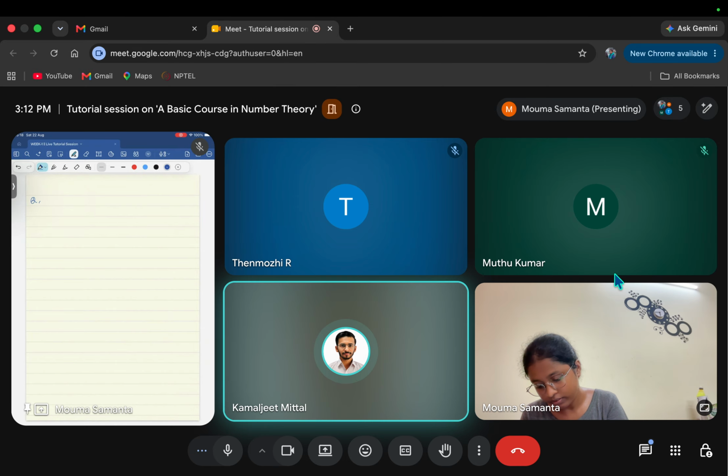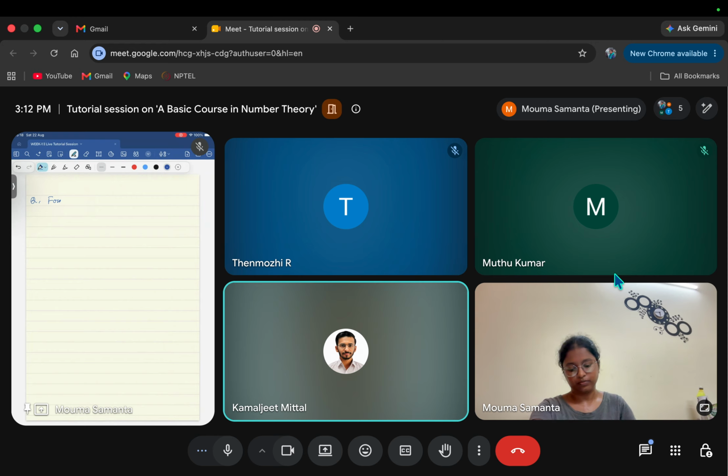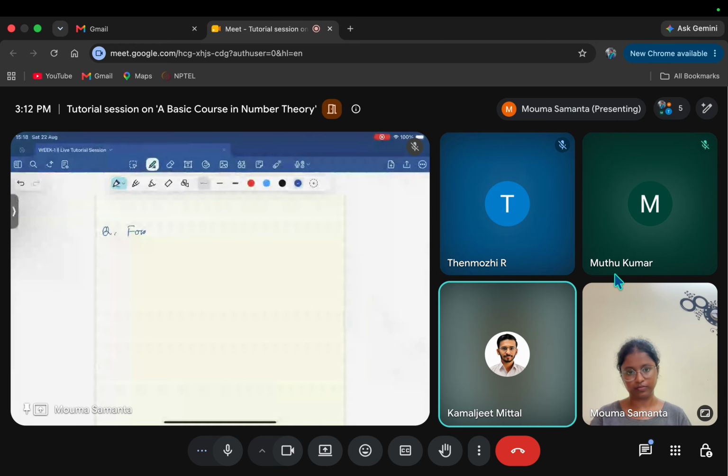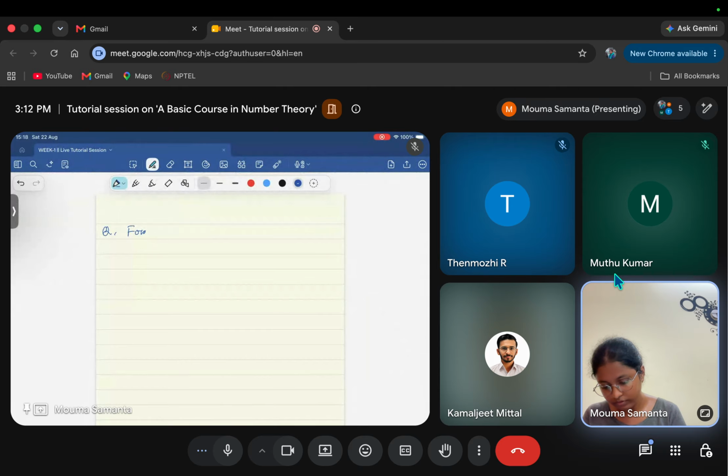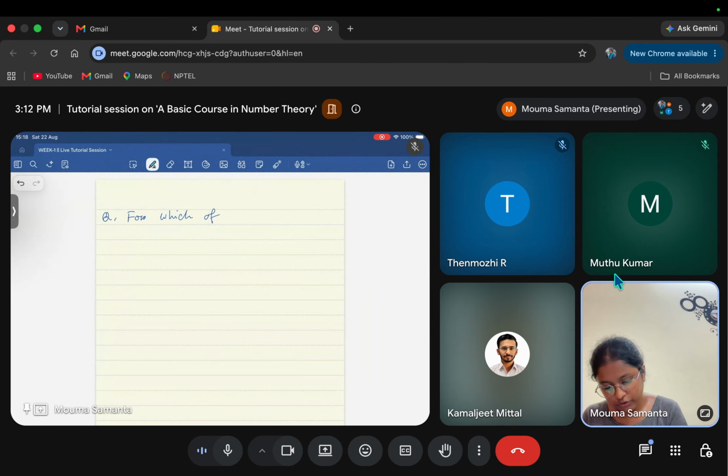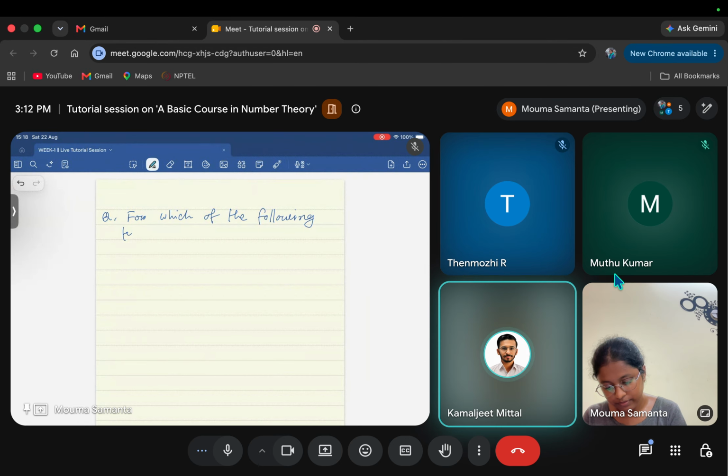For which of the following four tuples of integers A, B, C, D, do we have a solution to the system of simultaneous linear congruences?